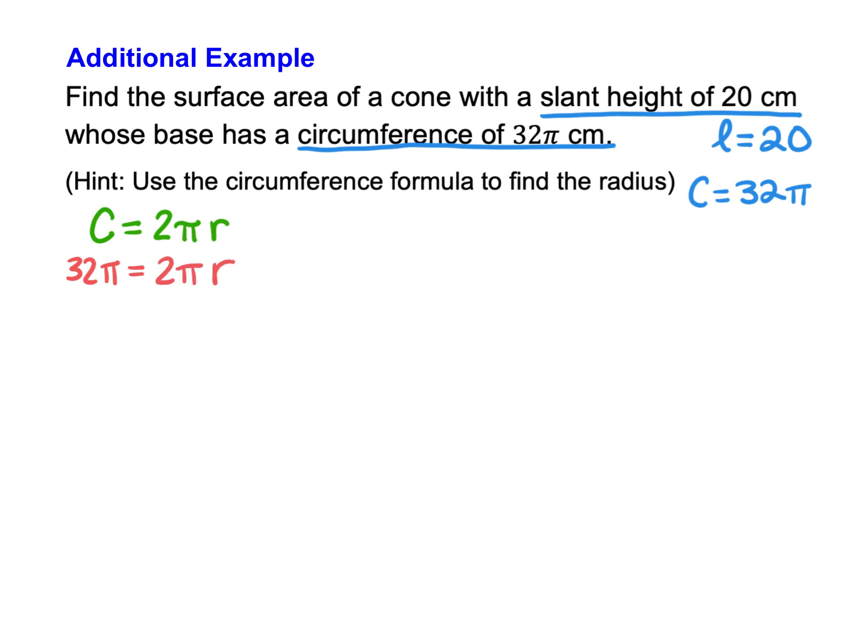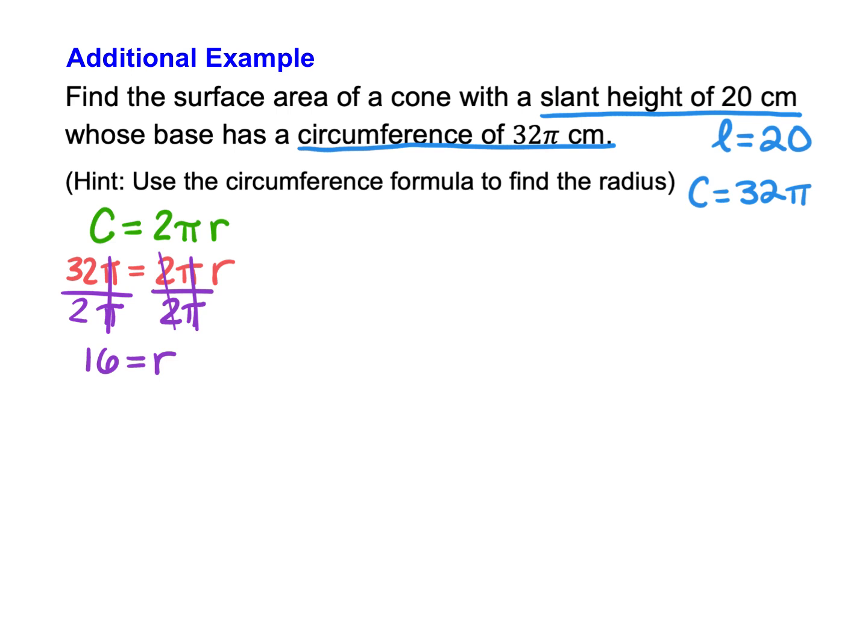Well, we need r by itself, so let's divide both sides by 2 pi. And when you divide by pi here, the pi's cancel. So on this side, it's just 32 divided by 2, which is 16. So the radius is 16. We use the circumference to find the radius.